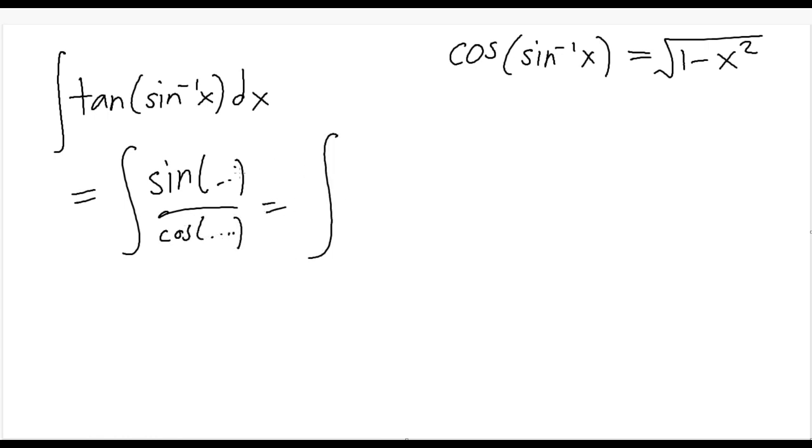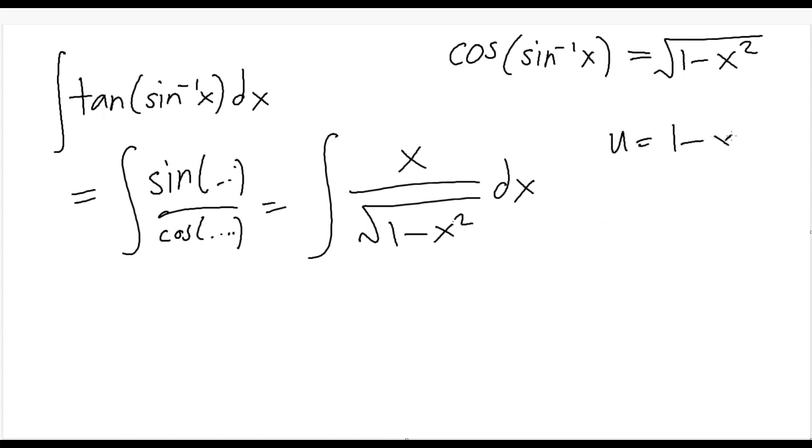So then, if inverse sine is here, this is kind of very simple to see. This is just x, and at the bottom, this is square root of 1 minus x squared dx. And this is just straight up u substitution. So, let u equal 1 minus x squared. You should end up getting something like this.